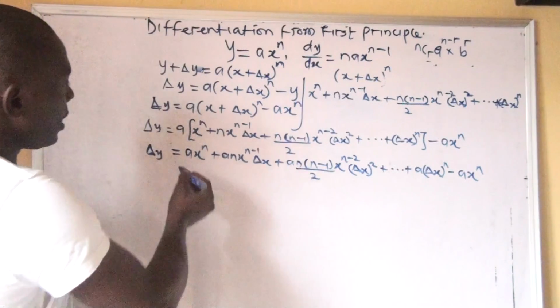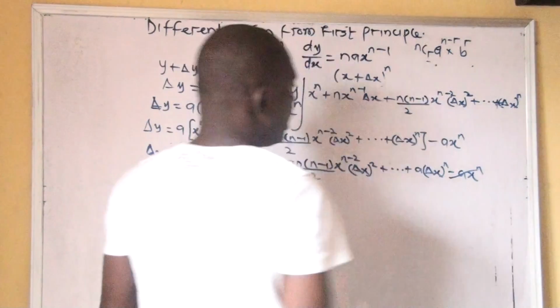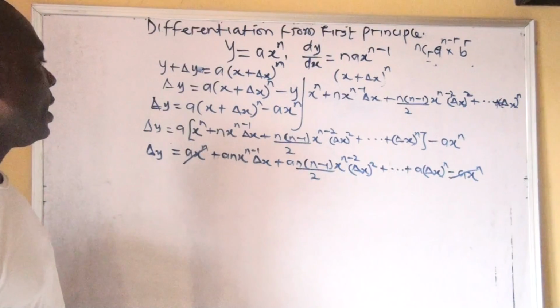So here we see that this a x raised to power n and minus a x raised to power n cancel off.